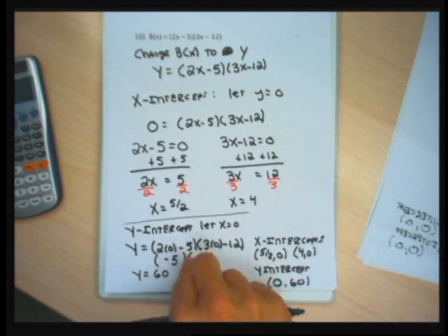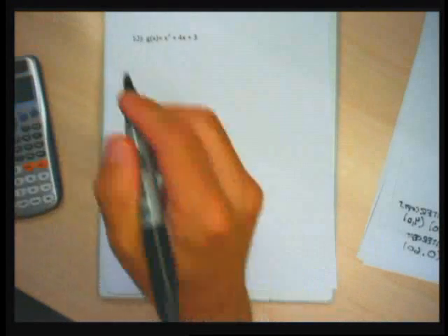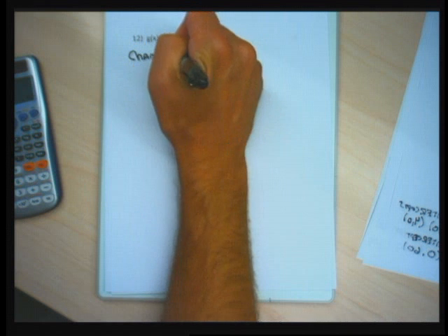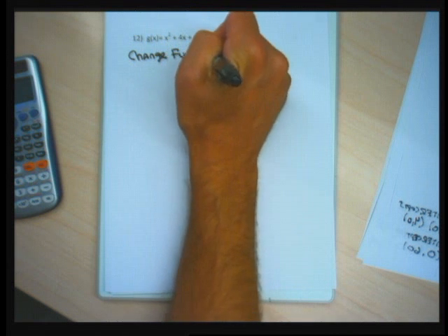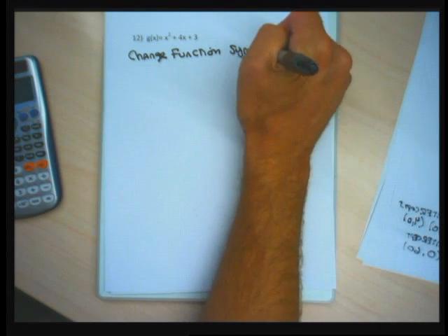12 is the first problem that requires factoring for the x-intercept. So again, I'm going to change the function symbol to y. You don't have to do that, but it's just a little bit awkward if you don't.